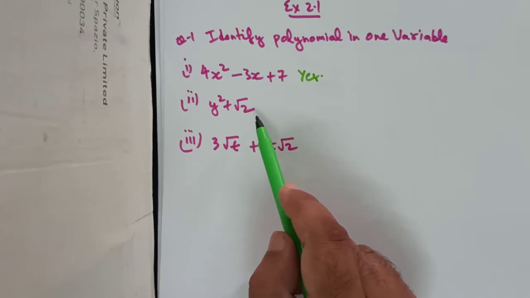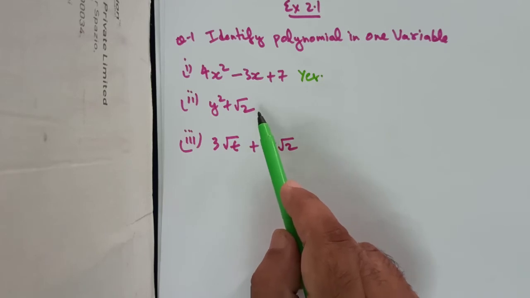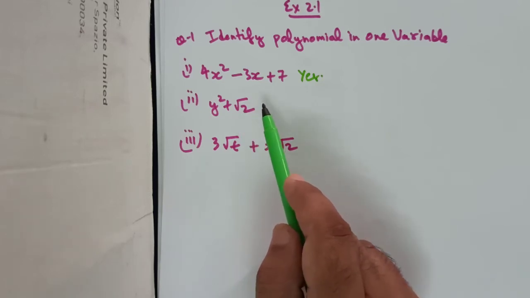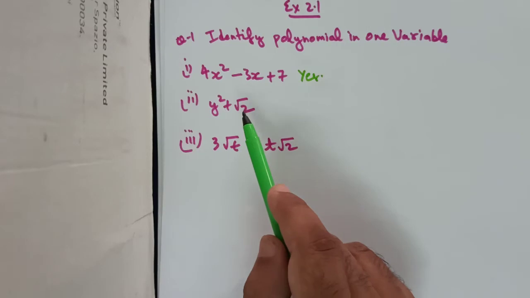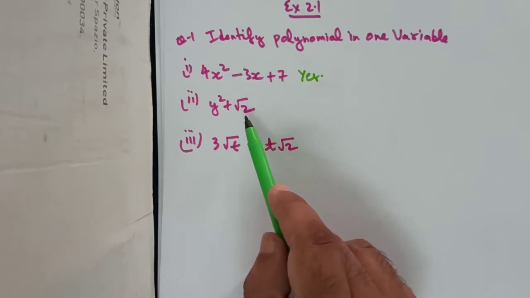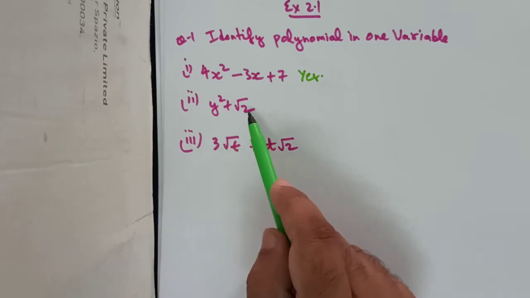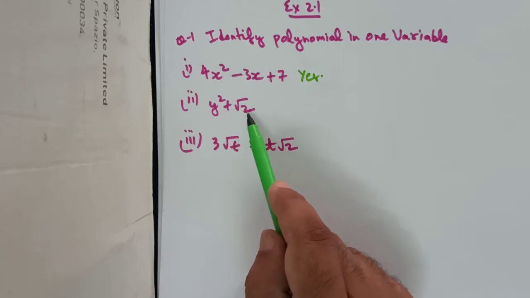I have already told you that a constant can be any real number. It can be a rational number or it can also be an irrational number. So under root 2 is an irrational number, but it is a constant. Since the power of the variable is 2 in the first term, and in the second case the power is 0, the power of the variable is a whole number.